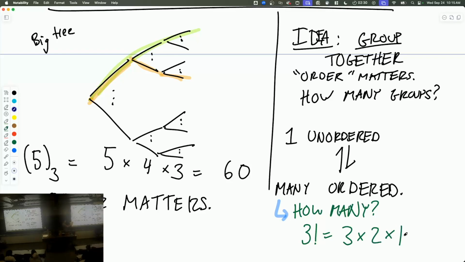There are 3 choices for which card I put first, then 2 ways for the next card, and only 1 way for the last card. So on this big bushy tree, there are exactly 6 ways that correspond to one hand.